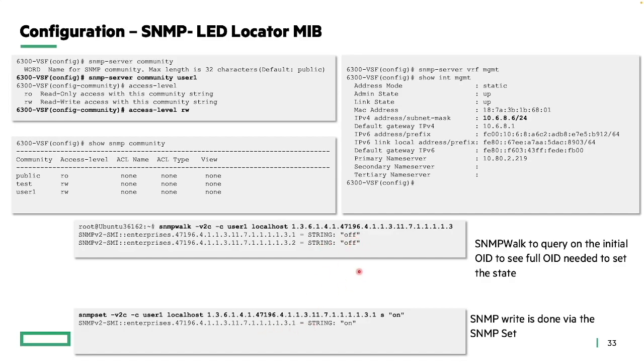If you want to change that, if you want to switch on the LED locator of the switch, you can just do an SNMP set using this and say on, right, and the string will become on. That means right now the switch, whichever switch you are doing this set to, has this UID blue indicator on using this, right? So now it is supported from 10.13 onwards to do this.